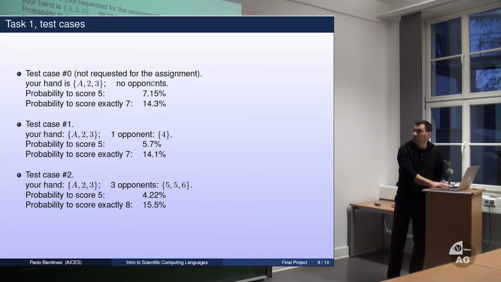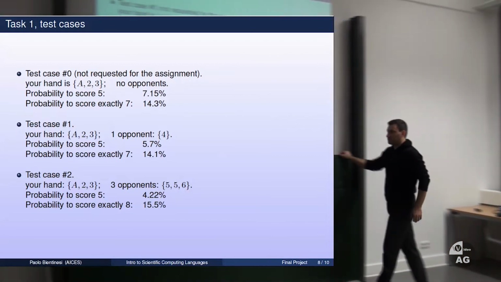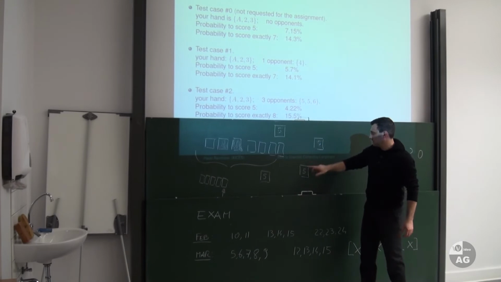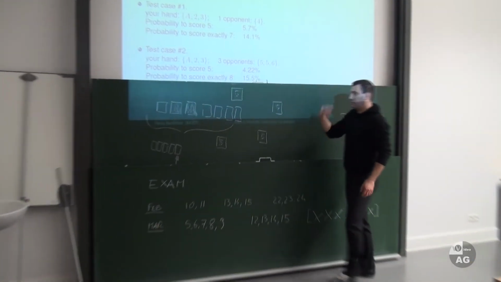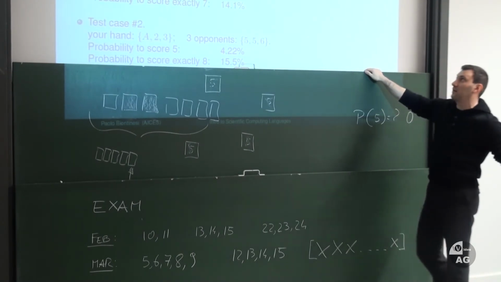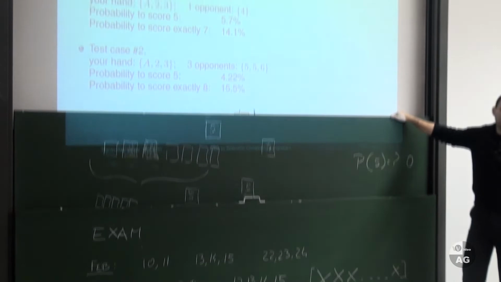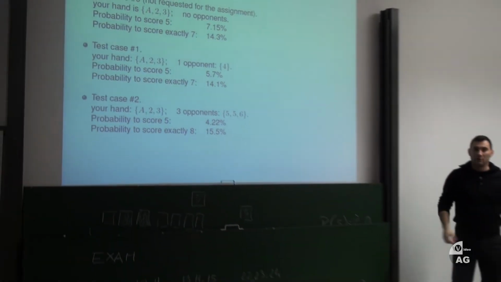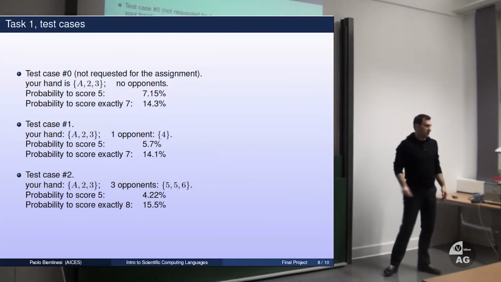You only have your cards, and none of these cards is known. You only know your 3 cards, and I tell you that the probability to score a 5 is this, and the probability to score a 7 is this. So you can test your implementation, your algorithm as it comes along.